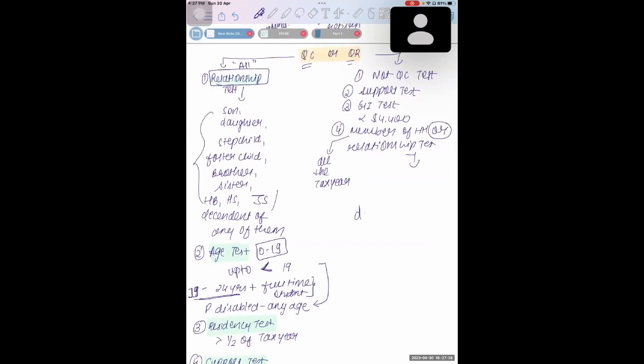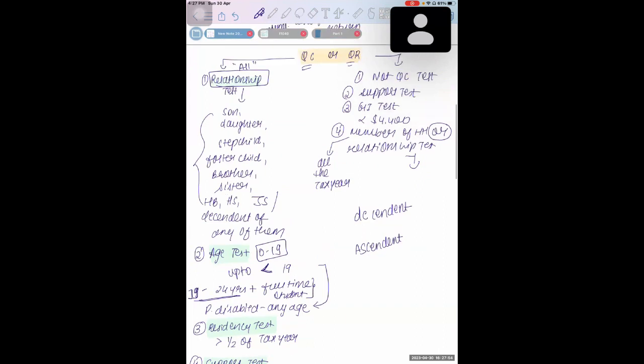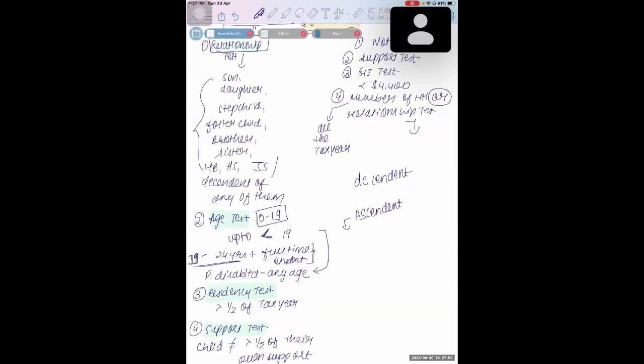Descendant of any of the above mentioned. Anyone can tell me what is descendant and what is ascendant? Anyone? No one? See, ascendant means someone from the grandparents' side, right?